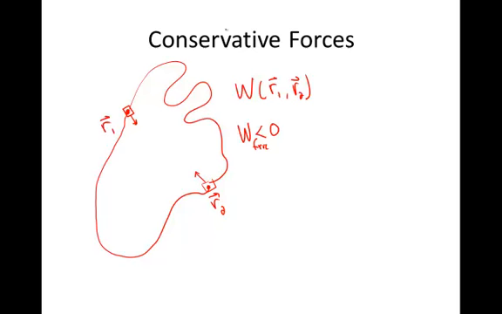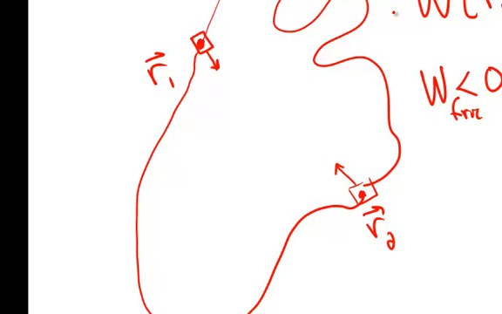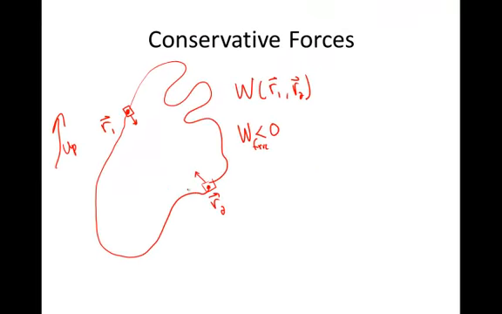A good example of a conservative force would be gravity, with its gravitational potential energy. If we go between these 2 points, and let's say that this way is up, really all that matters is the change in height. If we lift this object up against the gravitational force, the work done by gravity is just going to be equal to mg(y2 - y1), where these are the two components.